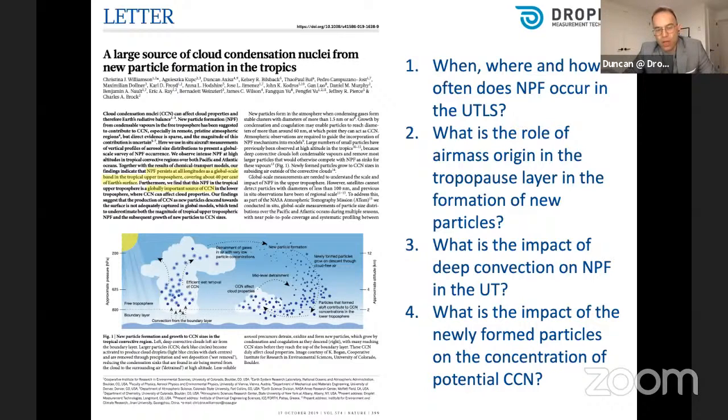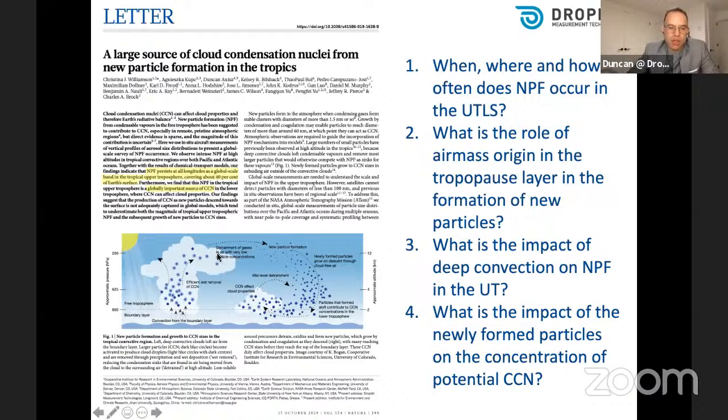So in order for us to understand this better, we ask the questions: when, where, and how often does NPF occur in the UTLS? What is the role of air mass origin in the tropopause layer in the formation of new particles? What is the impact of deep convection on NPF in the upper troposphere? And what is the impact of newly formed particles on the concentration of potential CCN?